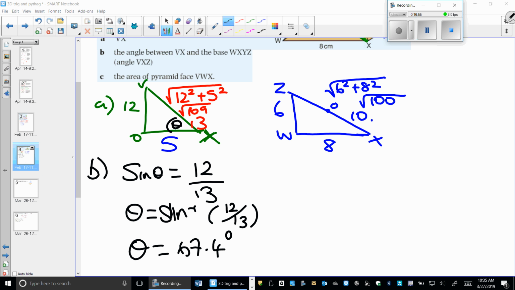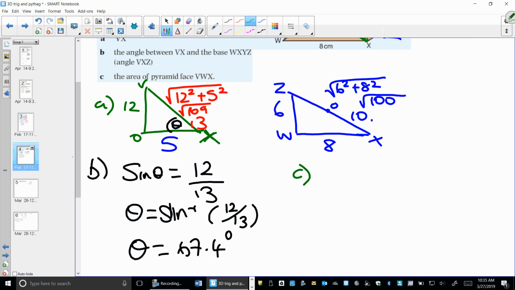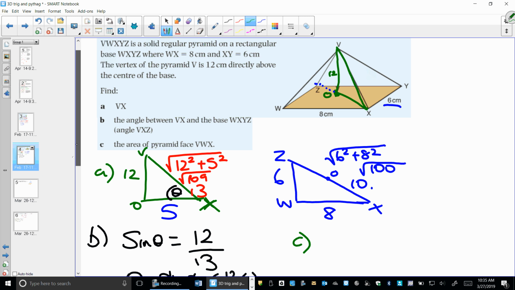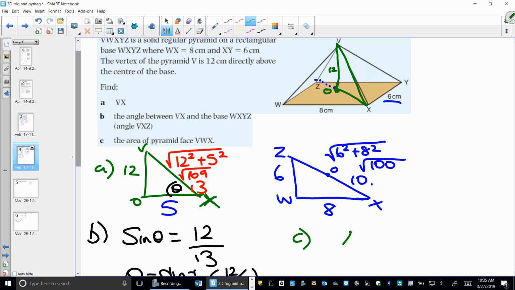And then part C, we're looking for the area of the pyramid face. Okay, so we're looking at the pyramid face, VWX. So it's that triangle there.